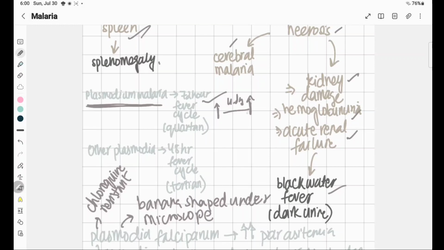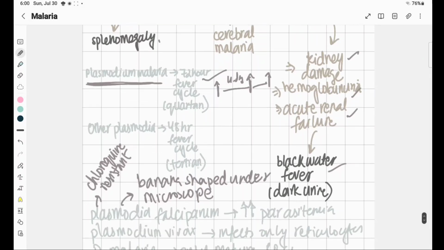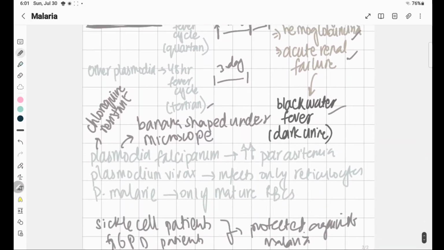Then the fever is gonna go back to normal for 4 days, and then we're gonna have another spike of fever, and that is called quartan. And other plasmodia like ovale, falciparum, etc., they have a tertian fever cycle, which means every 3rd day, with a gap of 3 days, right?